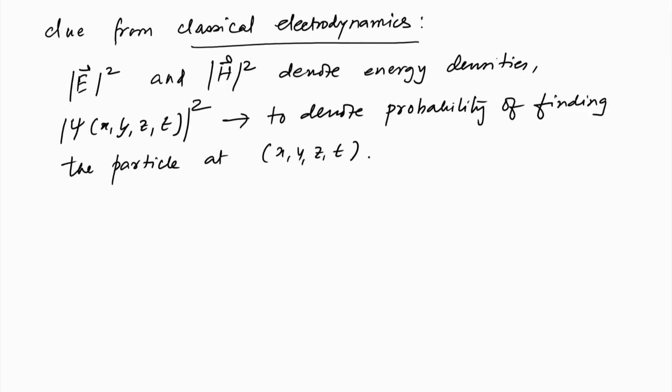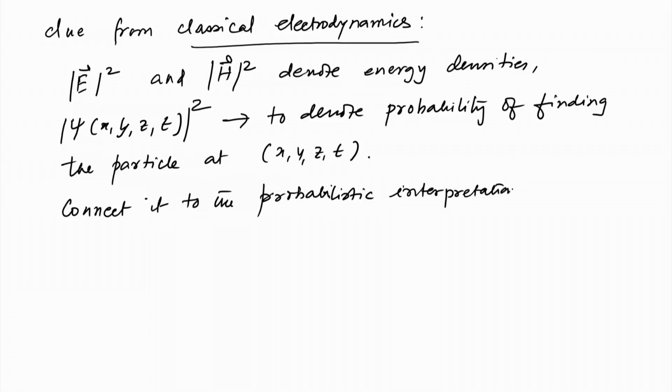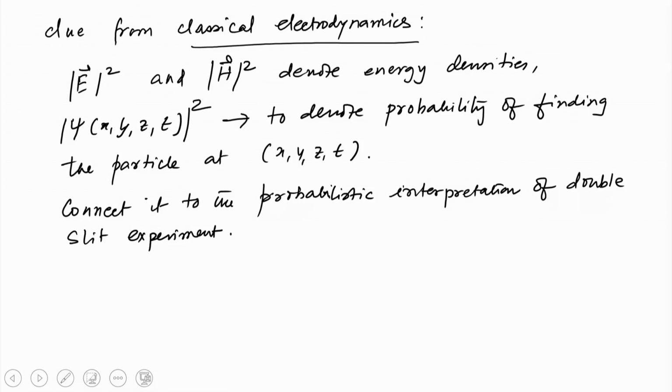And if we want to connect this to the probabilistic interpretation of the Young's double slit experiment, we can understand that the interference pattern occurs due to the statistical effects coming from a large number of photons, which are interfering from the two slits and impinging somewhere on the screen.